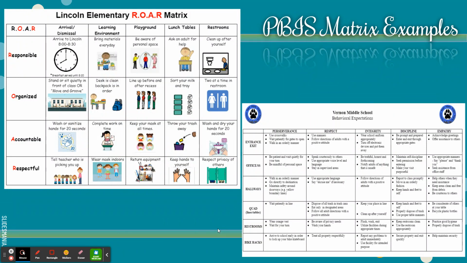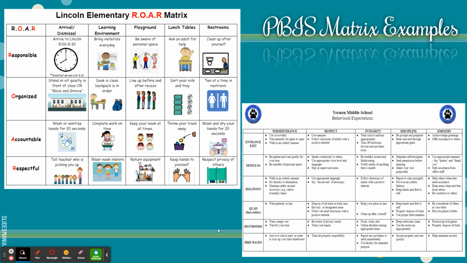Here are some examples of school-wide PBIS matrices. As you can see, there are 3 to 5 traits the students are expected to exhibit when they are on campus. The matrix helps students to see how they will demonstrate that trait in different areas of the school.